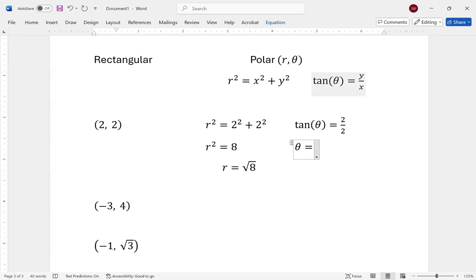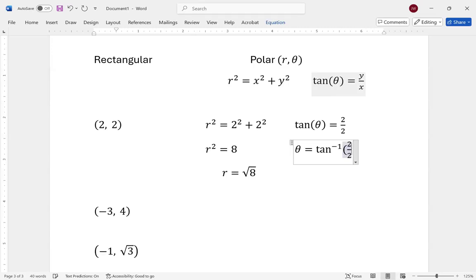Now, the reason why I'm being a little bit careful here is that the inverse tangent of 2 over 2 is equal to theta because I know this point is in the first quadrant. When I type in inverse tan of 2 over 2, I get roughly 0.79 as my theta.